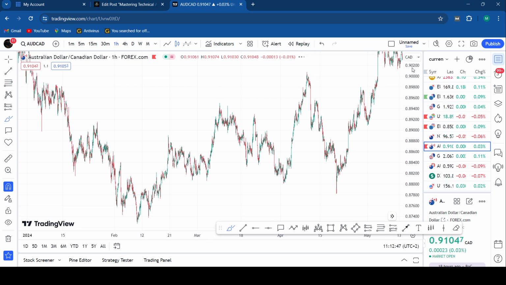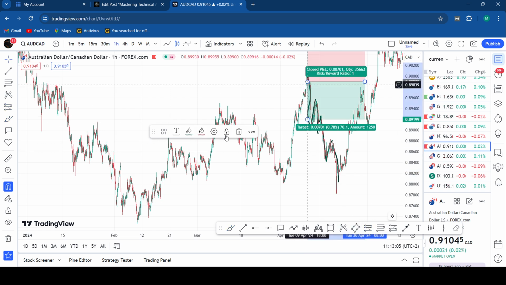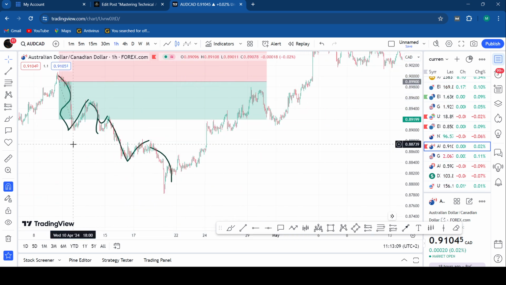So in a down market, this is how an impulse correction will look. We have our impulse, we have our correction, we have our impulse, we have our correction, impulse, correction, and impulse. So like I said, guys, when we are selling, we wanna be taking our trades where the market impulses.